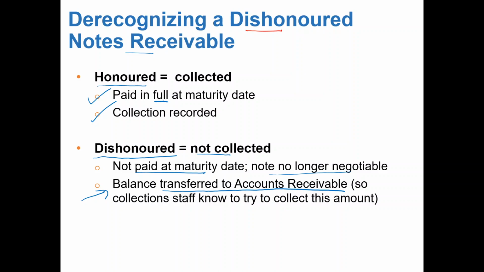So it just sits there with the rest of those amounts, and our collection staff, so our accounts receivable individuals who work to collect any old balances, they now will see this amount sitting in AR and they know that they need to try and collect it. So it's just moved, but we're not getting rid of it. We're still trying to collect it.